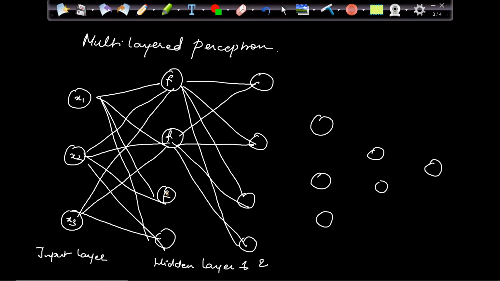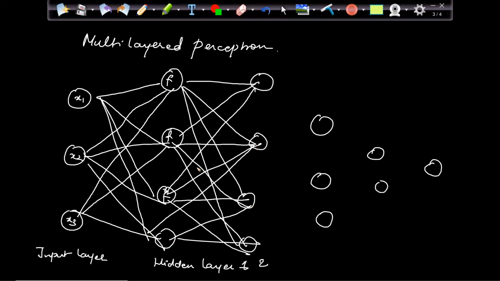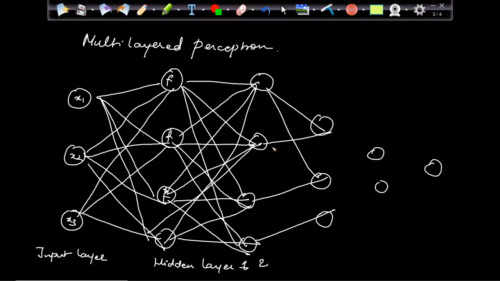I am creating a full network. And you can see if I'm creating this type of network, how much processing is going to happen. It's like a big chain, and this is one of the simple examples I'm talking about.